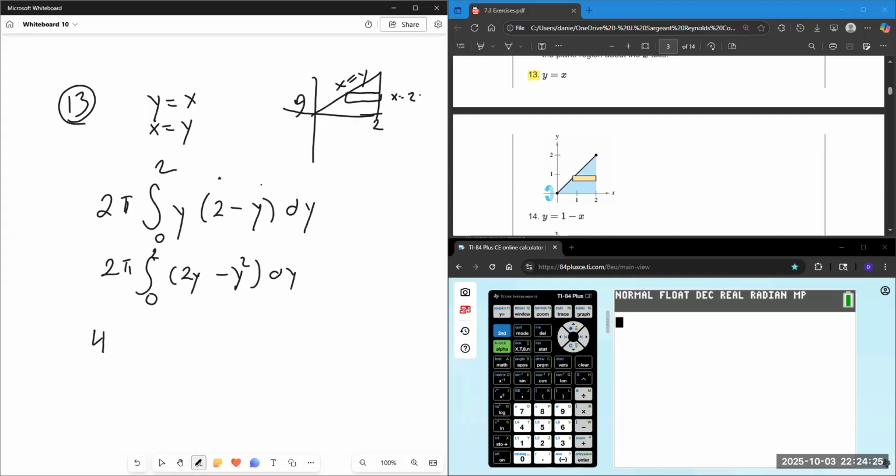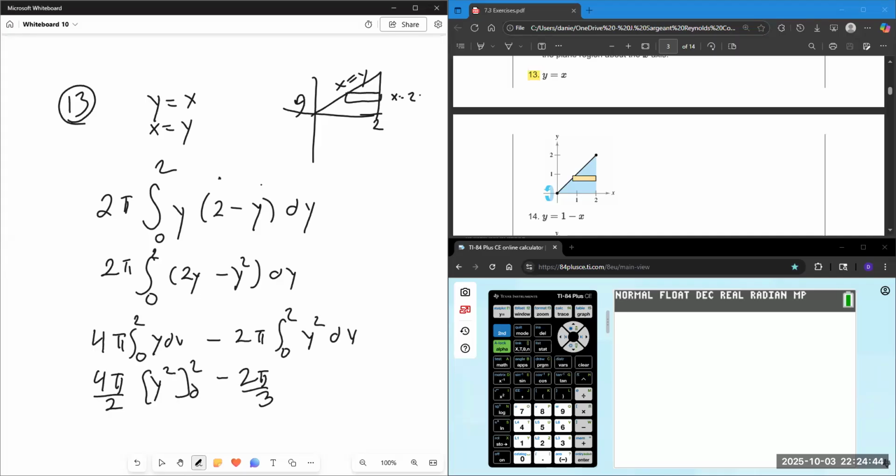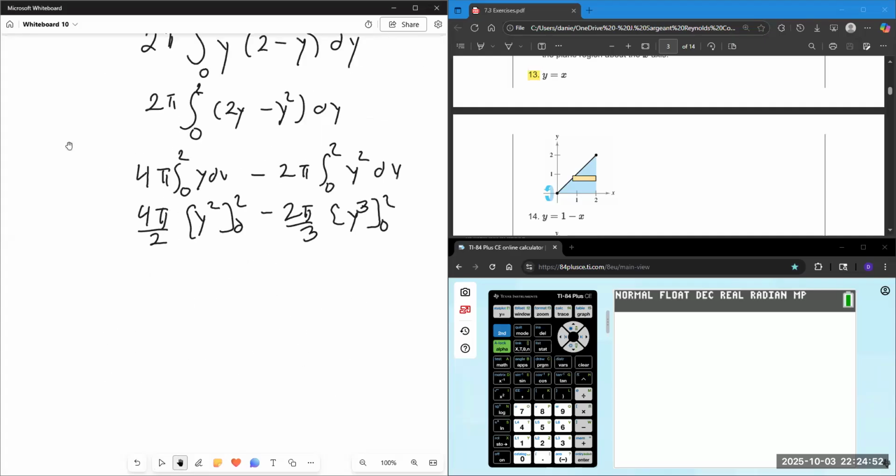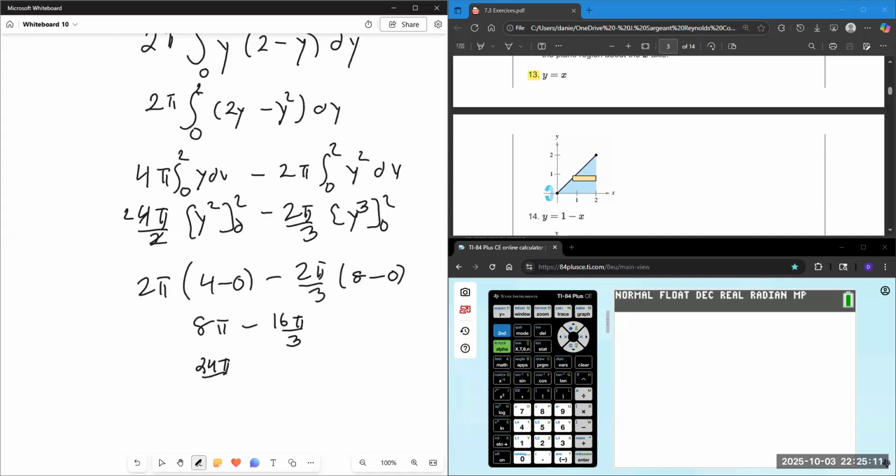This will be 4 pi, 0 to 2, y dy minus 2 pi, 0 to 2, y squared dy is 4 pi over 2 y squared, 0 to 2 minus 2 pi over 3 y cubed, 0 to 2. 2 goes into 4 2 times, 2 pi, 4 minus 0 minus 2 pi over 3, 8 minus 0, 8 pi minus 16 pi over 3, that's 24 pi over 3 minus 16 pi over 3 is 8 pi over 3 cubic units.